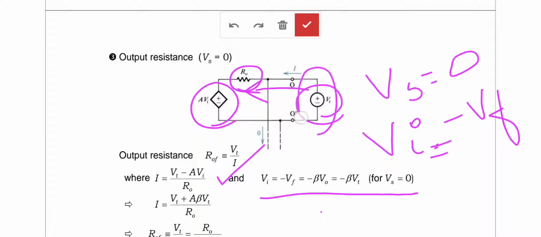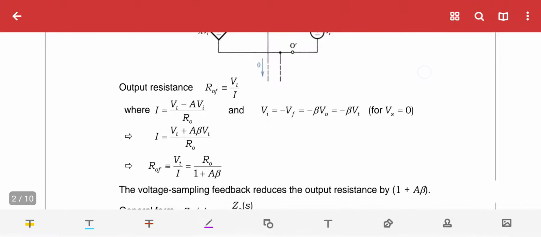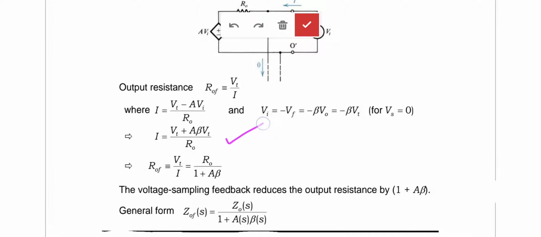V0 means this output voltage, which has now been replaced by the test voltage Vt. So Vi is equal to minus beta Vt for Vs equal to 0. Substituting this in the main equation, we get I is equal to (Vt plus A beta Vt) by RO.